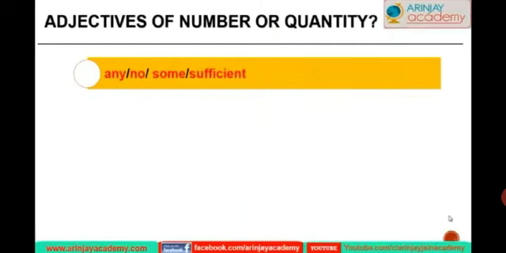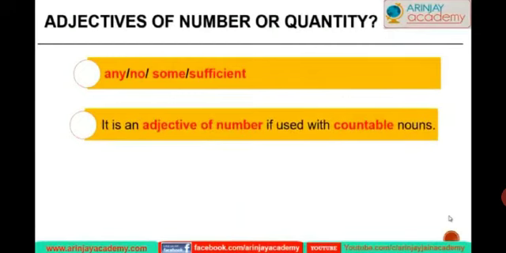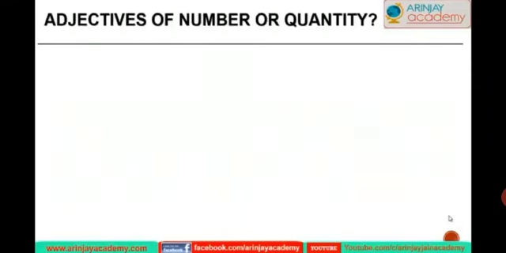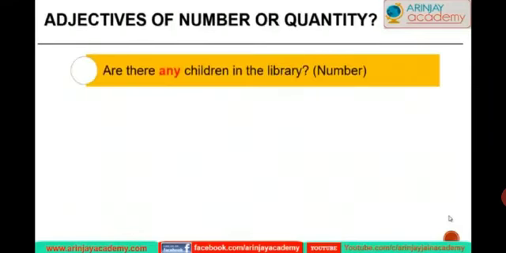Any, no, some, sufficient: it is an adjective of number if used with a countable noun. It is an adjective of quantity if used with an uncountable noun. They can be used with both countable and uncountable.